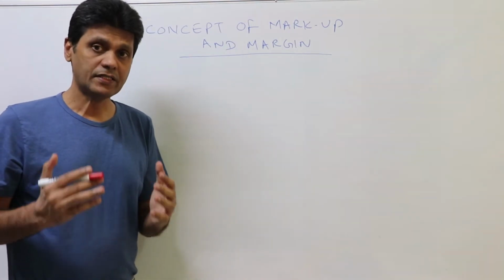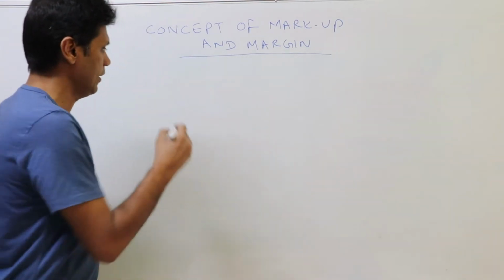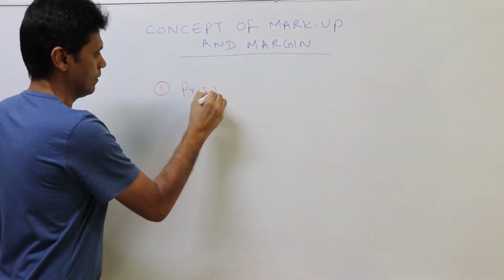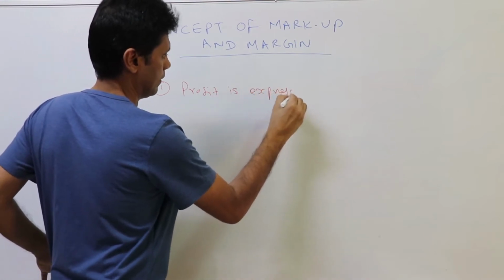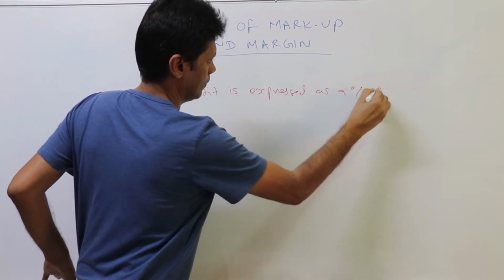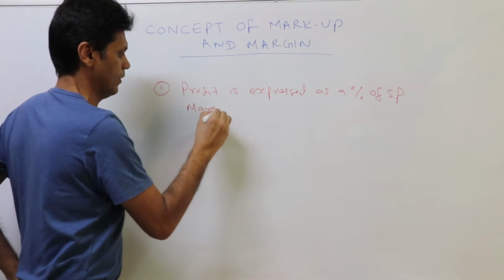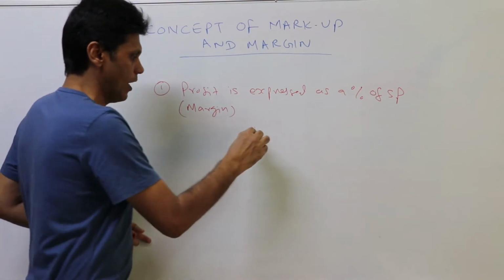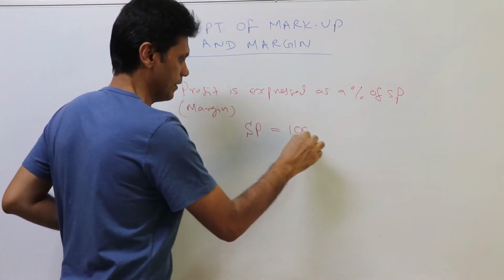The first one: if the profit is expressed as a percentage of selling price, or we can say margin, profit margin, then you assume the selling price as 100.